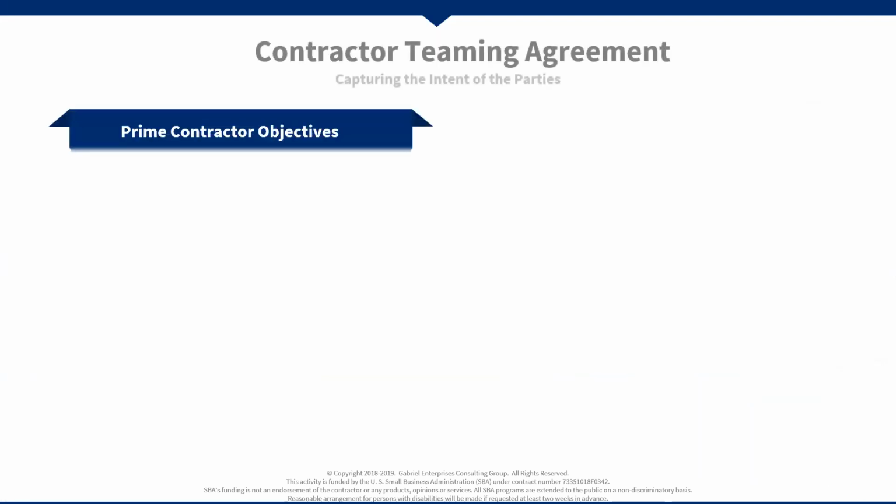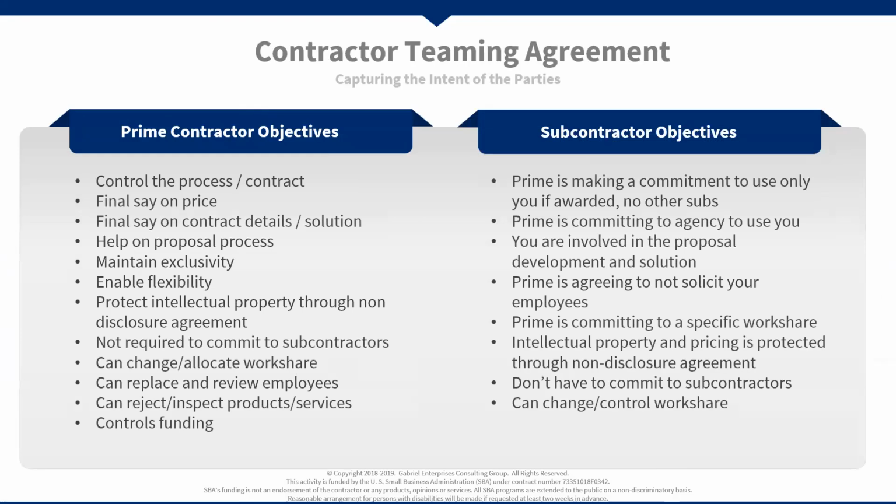And one of those is, of course, what you're putting in your teaming agreement that you're going to enter into with your proposed subcontractor. And of course, if you're on one side of the table versus the other side of the table, you're going to have different things you're trying to get out of this. You're going to have different goals and objectives. And it's the negotiating between the business people on each side of that table that is where you decide these things.